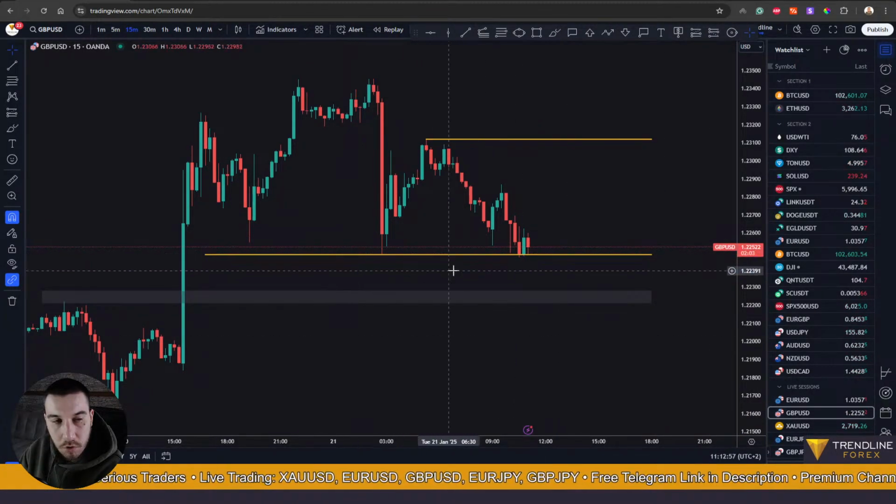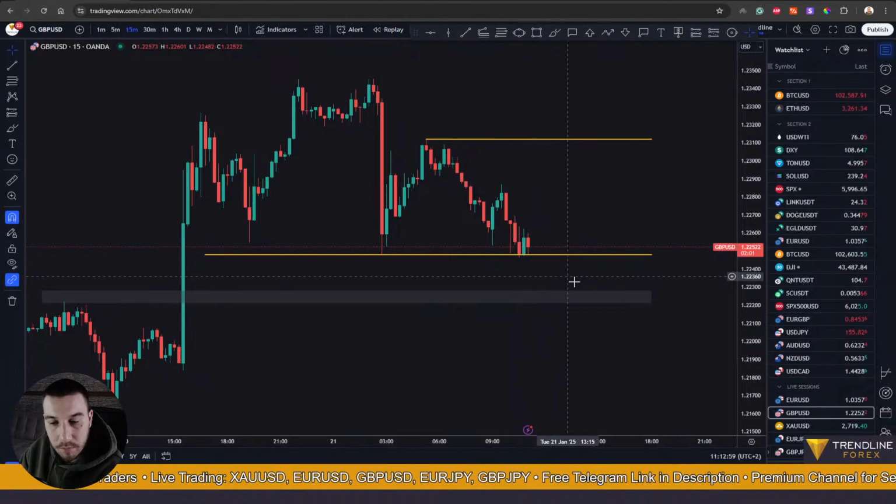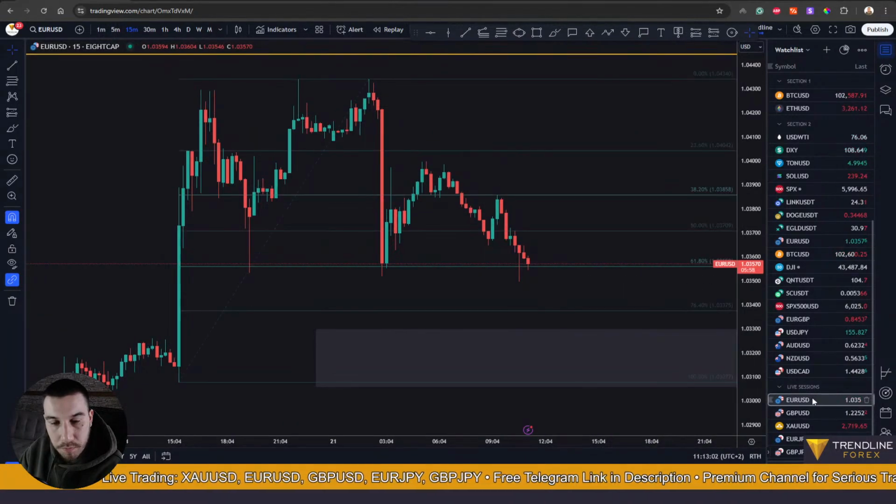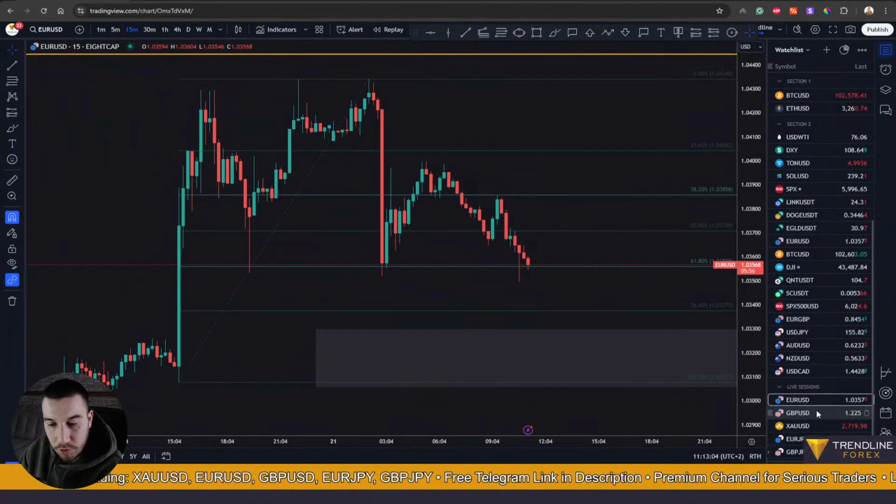Still trading around the lows here. We haven't seen that breakout yet. Same thing on euro dollar.